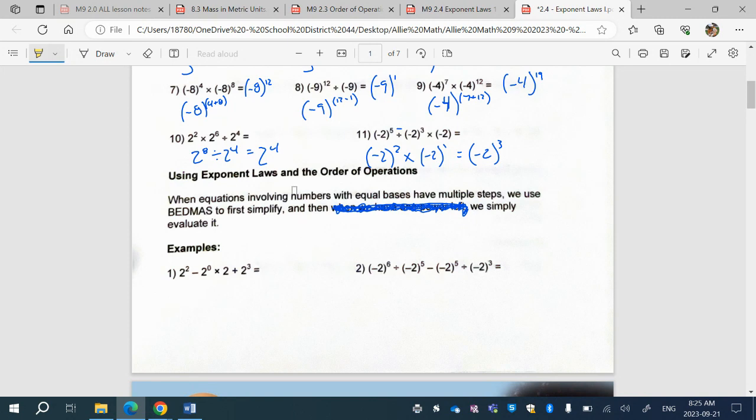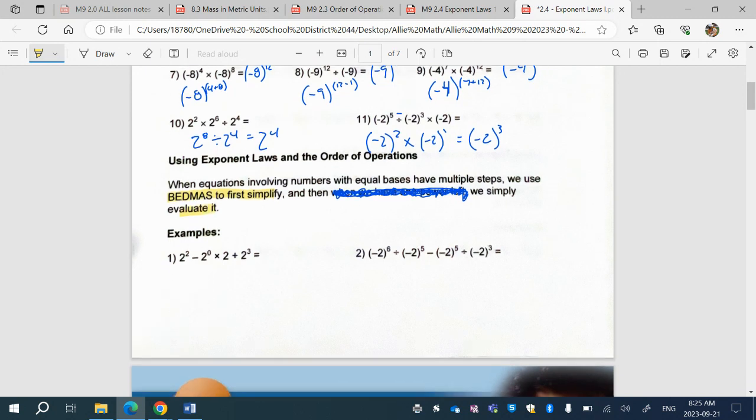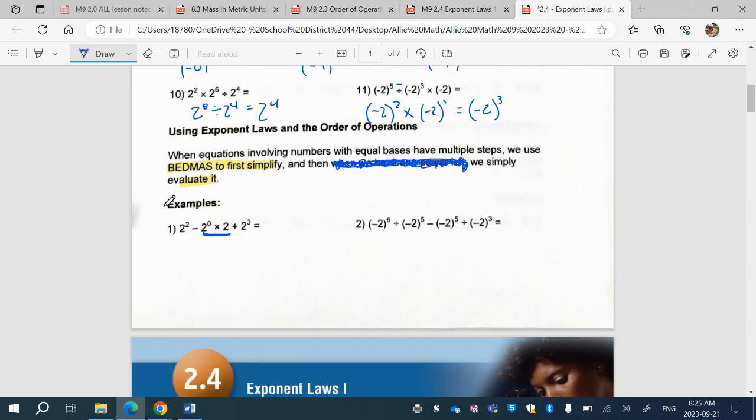So when equations involving numbers with bases have multiple steps, we use BEDMAS to simplify first, and then we evaluate. Okay, so let's look. Here we have a multiplication question that we can simplify first before we convert our powers into standard form and solve it that way.